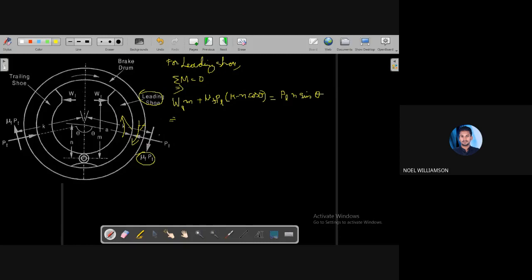On rearranging, WL into M will be equal to PL into n sin theta minus mu f into PL into k minus n cos theta.